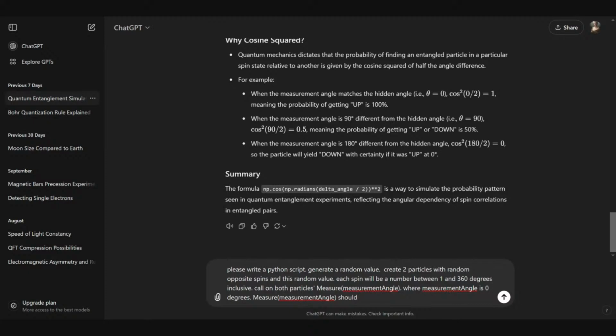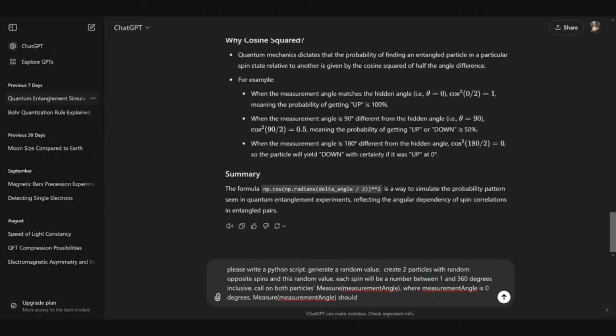It flips a coin, but the coin is weighted. And it doesn't flip a coin. The coin has already been flipped. So we have the randomness, but how much weight do we give to the randomness? The randomness is weighed by the difference between the angle.